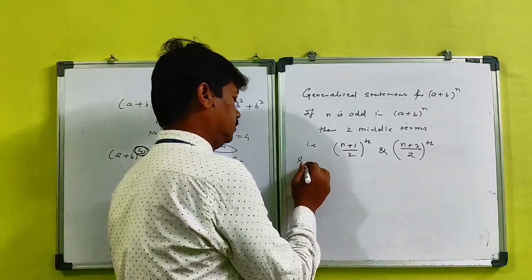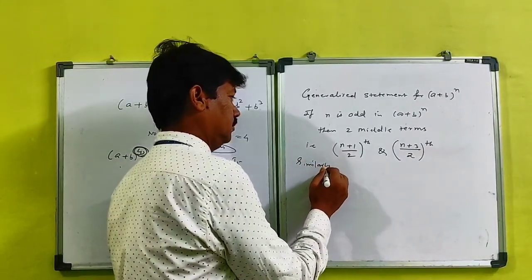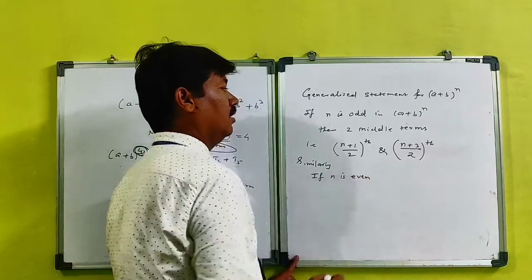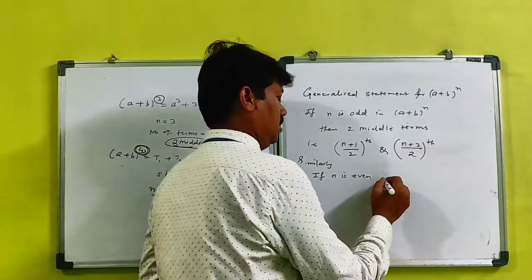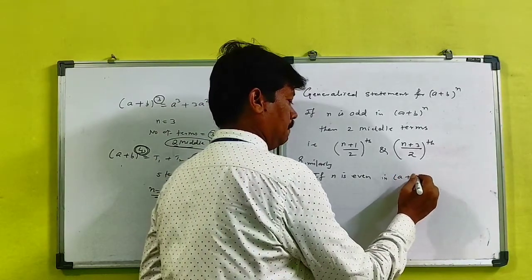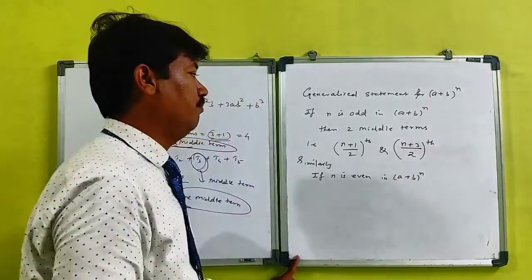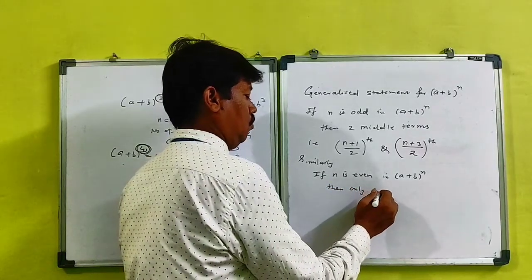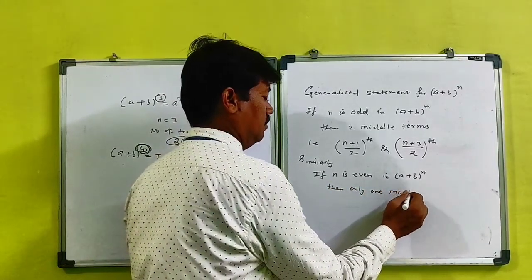Similarly, if n is even in the expression (a + b)^n, then there is only one middle term.